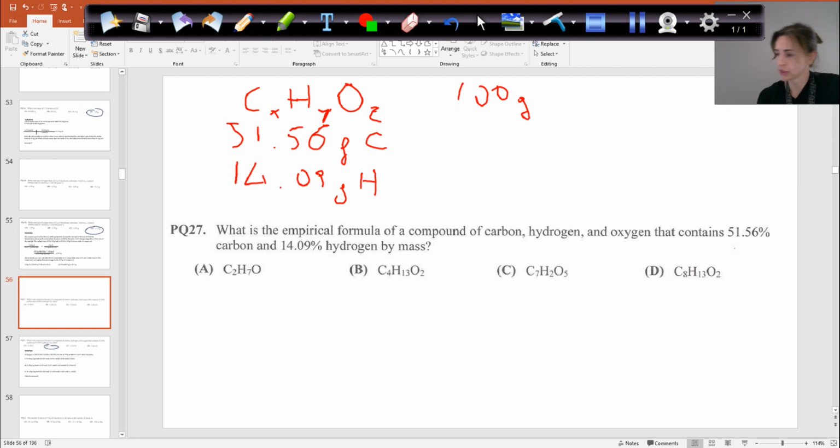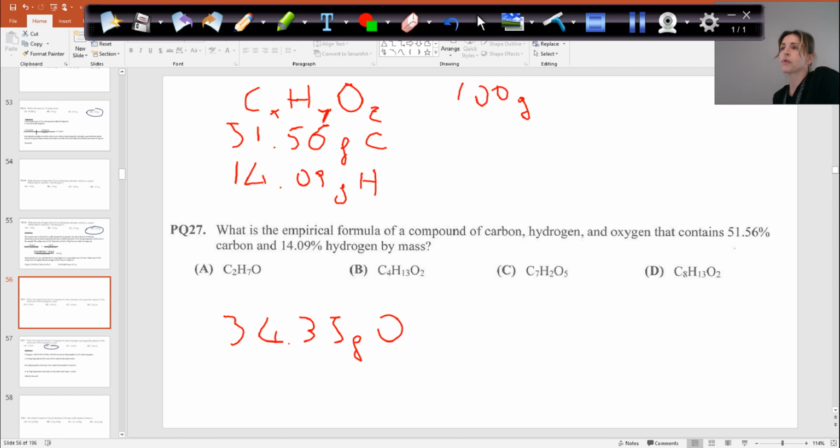The difference, which is 34.35. That's what my notes say. So I have 34.35 grams of oxygen. So this is in a 100 gram sample. Now you can do 200, you can do 1 kilogram, it doesn't matter as long as you keep these proportions, right? Because the percentages are the same.